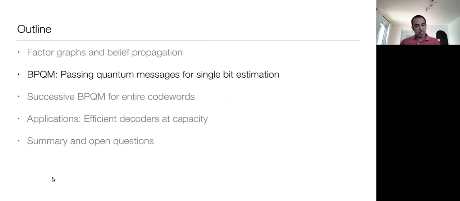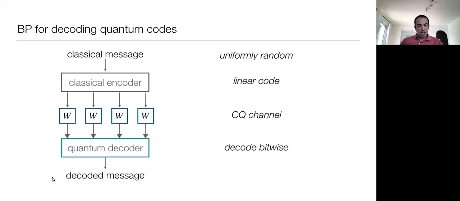Good. So now returning to the outline, the next part is to tell you about this quantum algorithm to estimate single bits from quantum outputs. Oh, it doesn't want to go to the next slide. Okay. So now we're in the same setting as we were before, essentially.